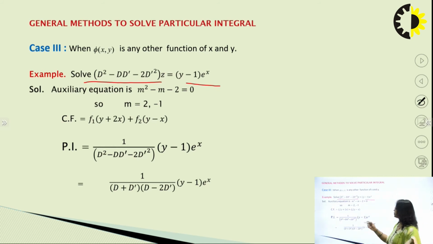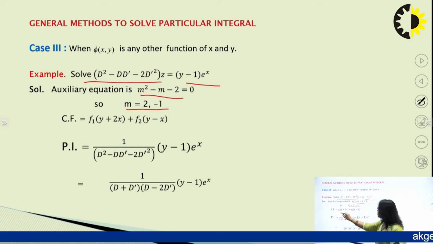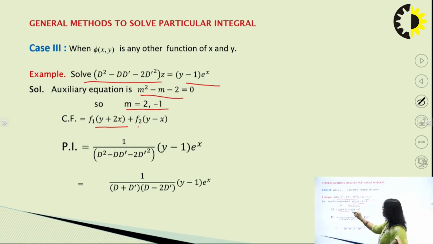So to solve, first of all we will write down the auxiliary equation as m square minus m minus 2 equal to 0, by replacing d with m and d dash with 1, and we get m equal to 2 and minus 1. The complementary function is then given by function of y plus 2x plus function of y minus x.